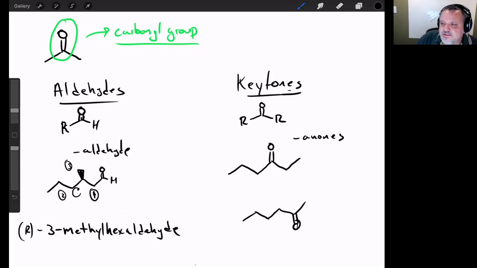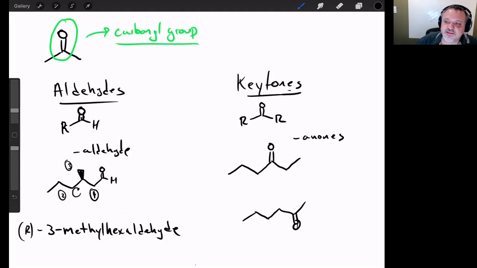It can't be in the first position. On the aldehyde, I don't need a 1 to tell the reader where the aldehyde is, because that's where it has to be. It has to be at the first position, otherwise it's not an aldehyde. It's a ketone in that case.